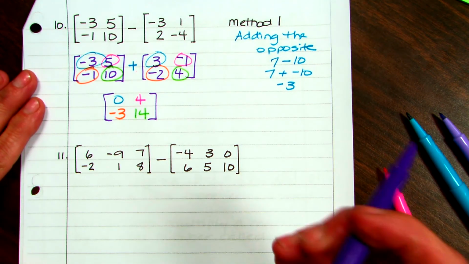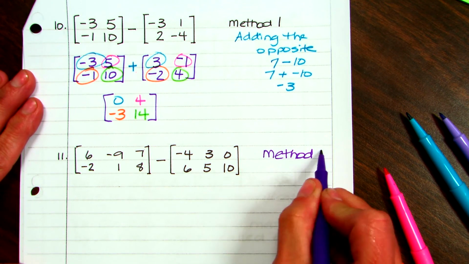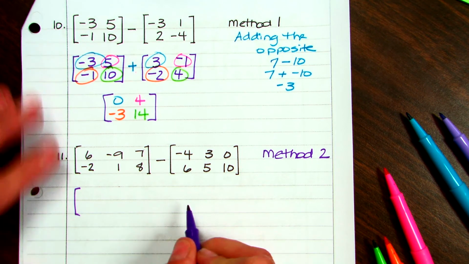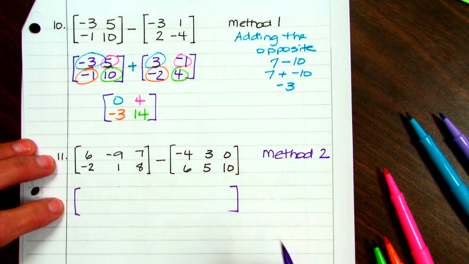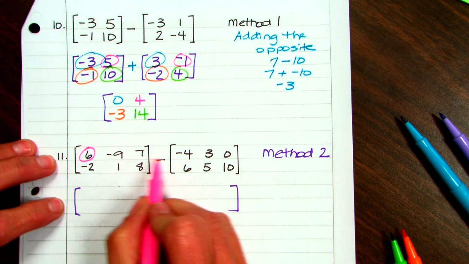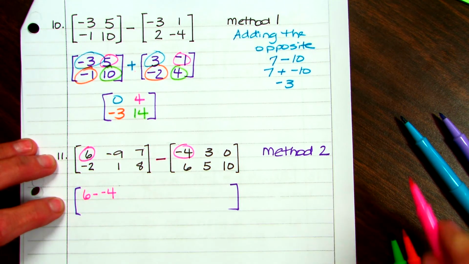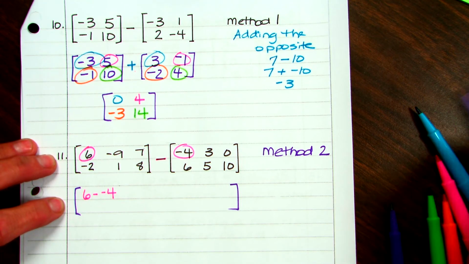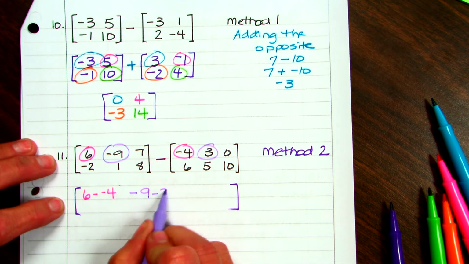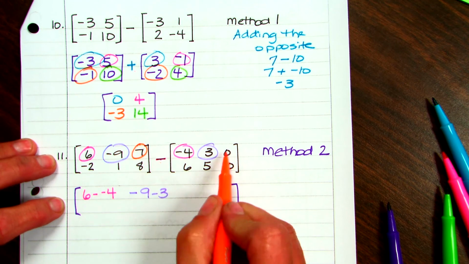Method 2. It's just subtracting the elements. And I'm going to show that inside a matrix. I'm just going to show my work area. So I could take 6 minus negative 4. Negative 9 minus 3. 7 minus 0.